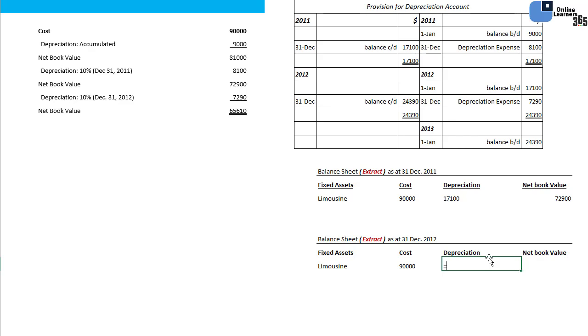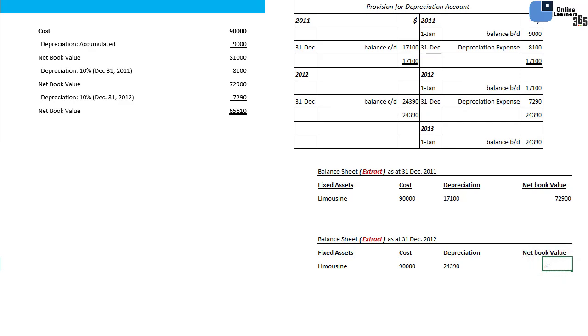All right, let's verify. Again, that should be the same balance in the provision for depreciation account at the end of the year 2012, that is.